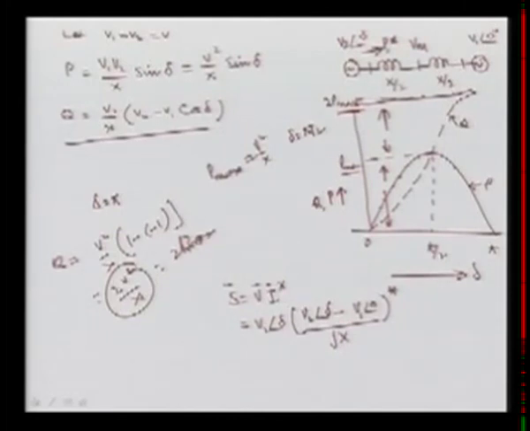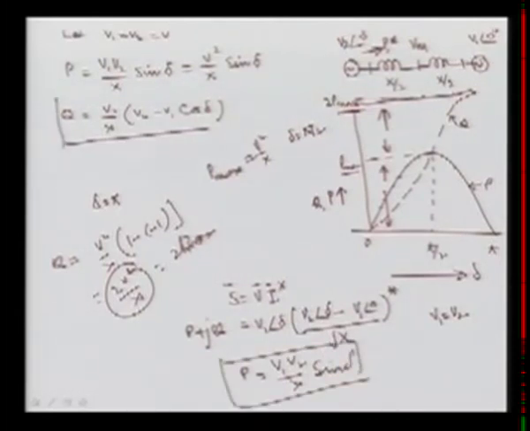If you go for the real and reactive parts separately, with V1 equal to V2, you will get the previous equation. This is nothing but P plus jQ, so you can separate the real and reactive powers from this expression. Of course P will be V1 V2 upon X sin delta as in the previous case, and Q you get from this expression. It is very simple, there is no need to remember it, you can derive it, and we can have these characteristics.